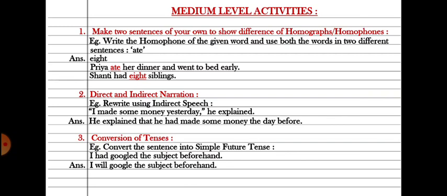Future tense. It is used to describe an action that will take place later. It is further divided into 4 types: simple future tense, future continuous tense, future perfect tense, future perfect continuous tense.